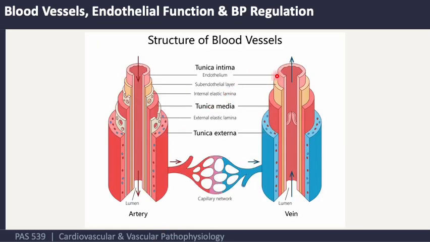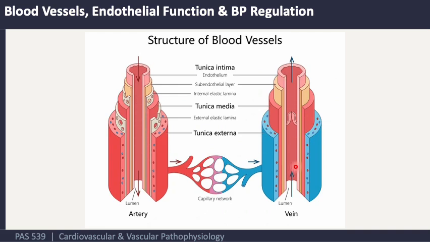Okay, so going to move on to the blood vessels. You have two main types of blood vessels: the arteries and the veins. Of importance, you have the endothelium, which is the inner portion of both of them.